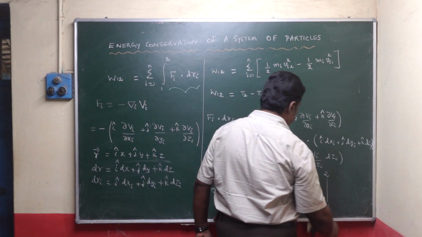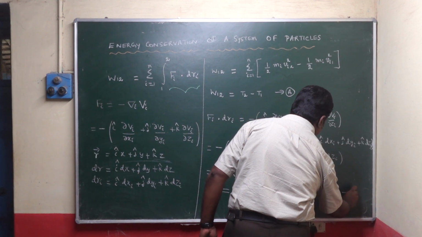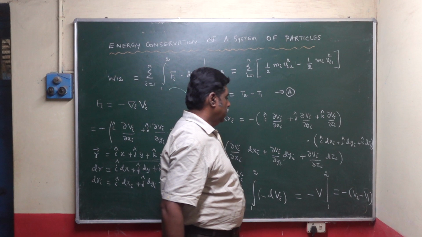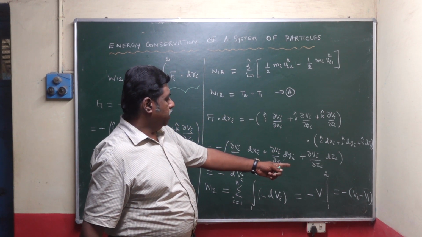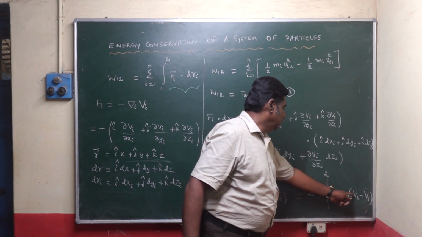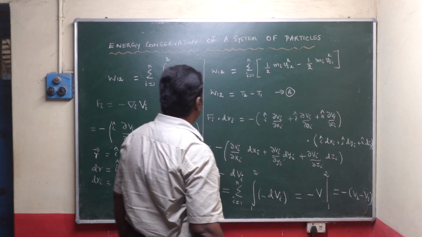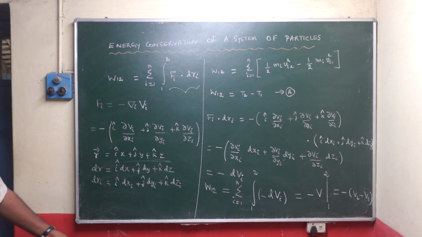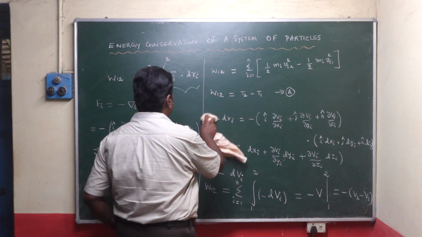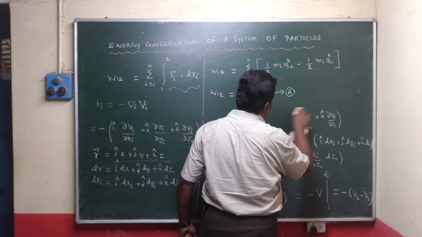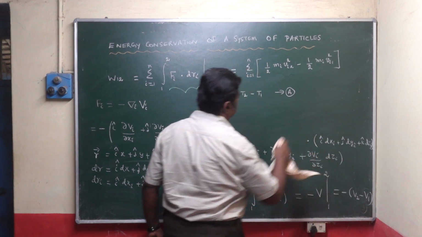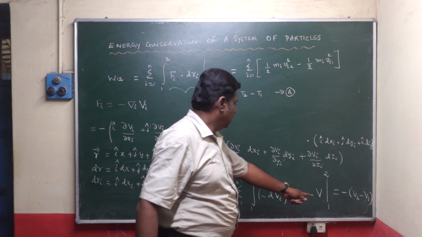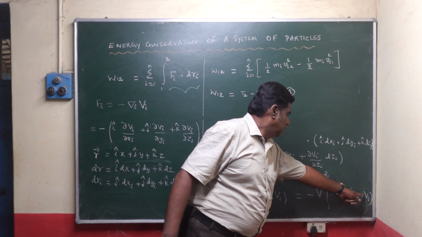This is equal to minus of V2 minus V1, which is minus V2 plus V1.